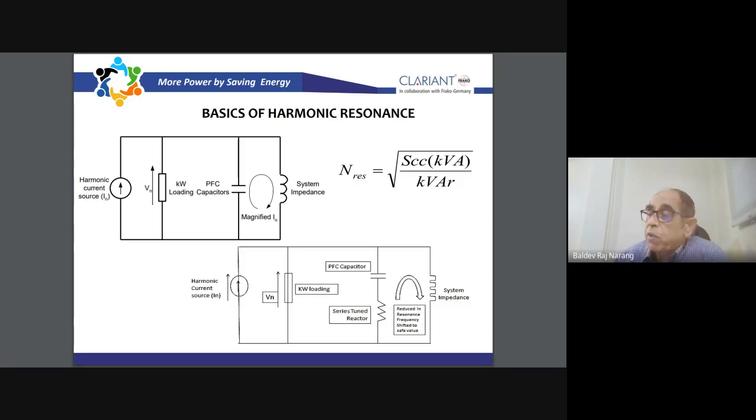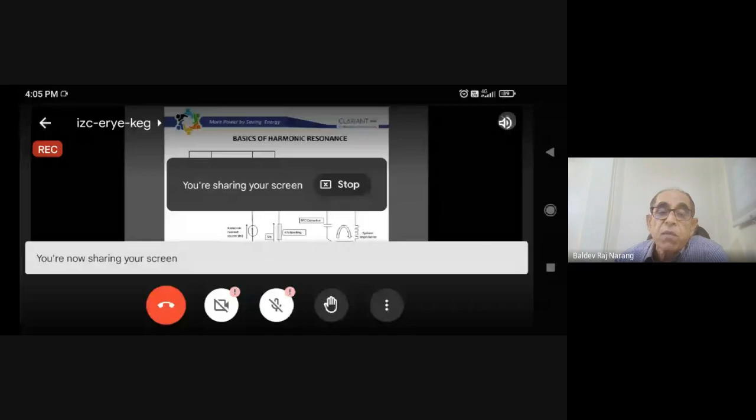Whatever frequency where it is equal, that is the resonance frequency. What we have seen is that resonance occurs at the 5th or 7th frequency many times. Resonance means it is like a short circuit at that frequency. So if besides the normal harmonic, a resonance current is also flowing, the system will fail very fast.